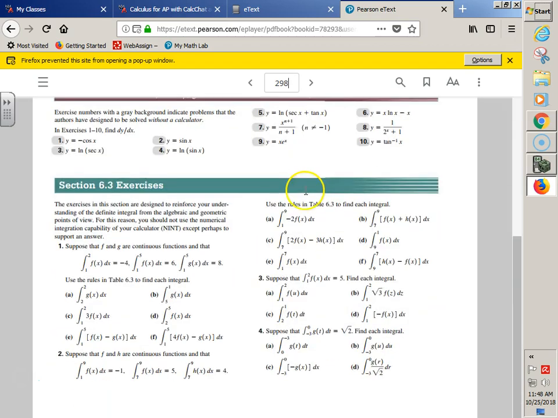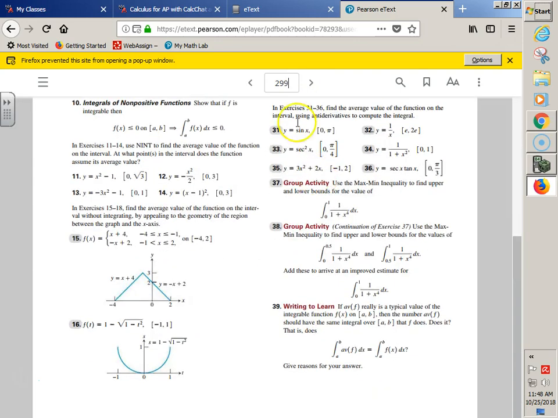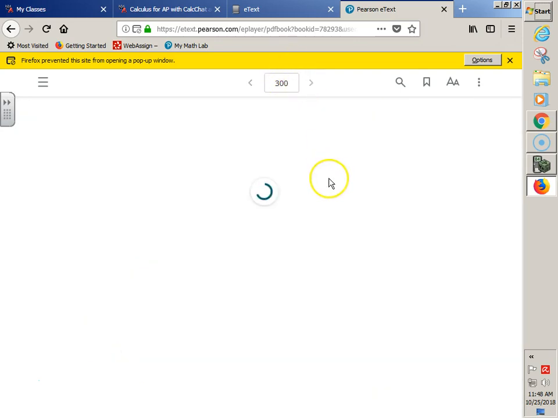Okay, number 48. Let's go find it real fast. Oh, it doesn't like this page. Long story short about 48 while we're getting there is that it was a multiple choice question asking which of the following do not have to be true.